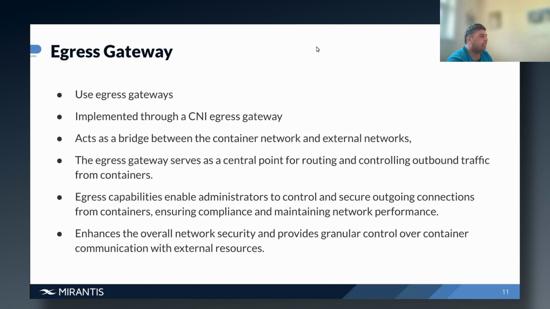The egress gateway itself serves as a central point for routing and controlling outbound traffic from containers. Typically it provides features such as NAT, load balancing, security policies, and traffic shaping.